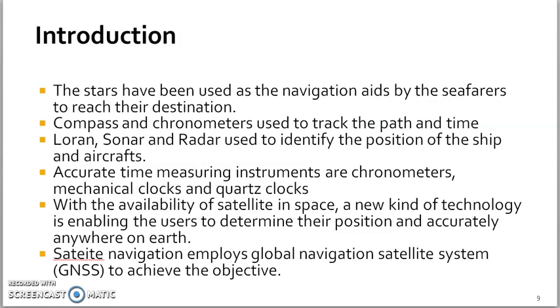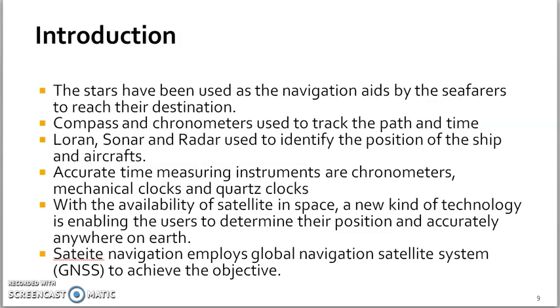In the old days people used devices like the compass and chronometers to track the path and time, or you can say the direction and the distance traveled by the ships. Now a new technology we have in electronic navigation is LORAN, that is long range navigation, sonar, that is sound navigation and ranging, and radar, that is radio detection and ranging, used in modern days.